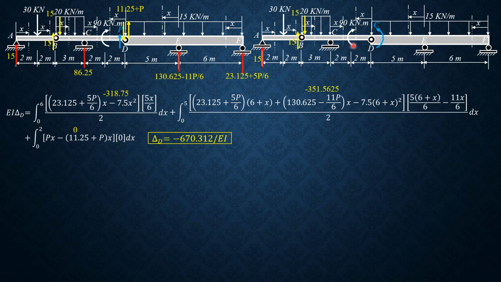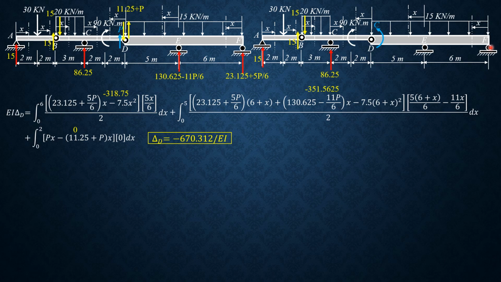If you sum up moment about D, this is still 86.25. Then same with the preceding up to this section here, the moment equations are not functions of the couple. So therefore, we proceed to this section here.